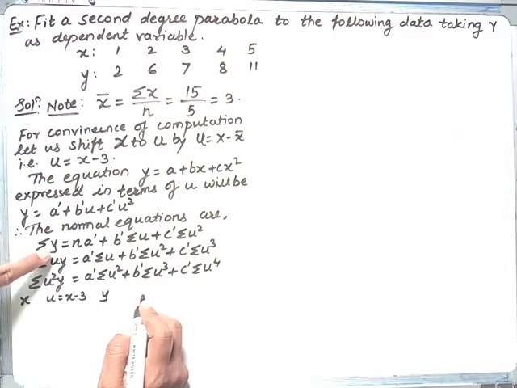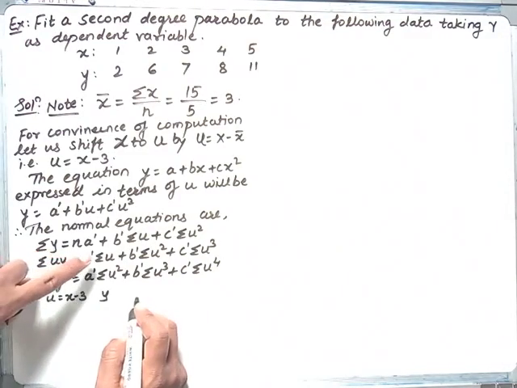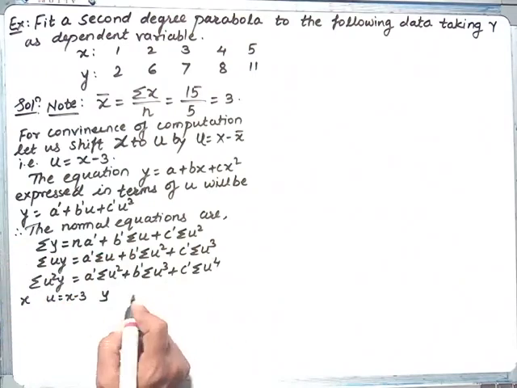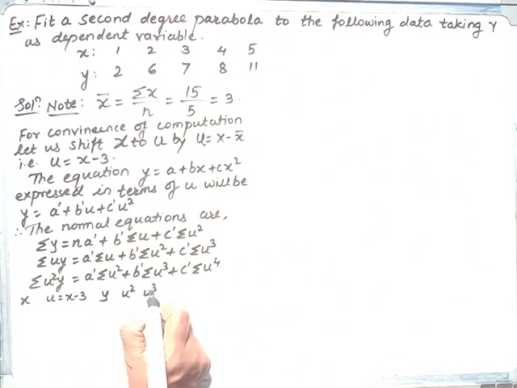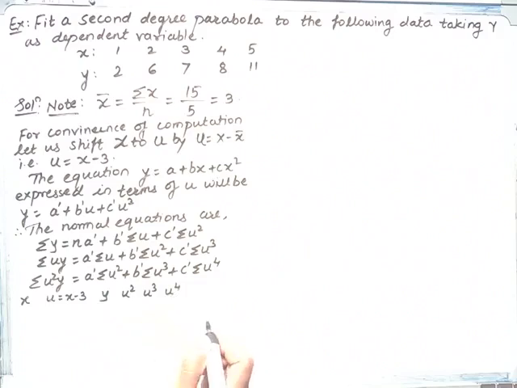We need y, right? Then we need summation u square, so let me find u square, u cube, u raised to 4. Let's find out all these. Then also we need uy and u square y. These we require.